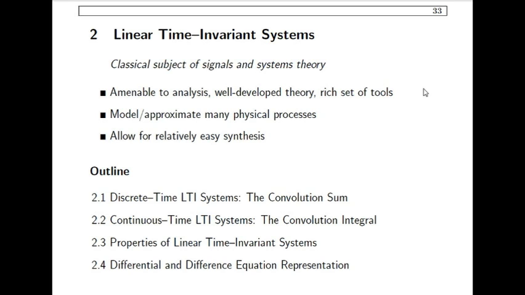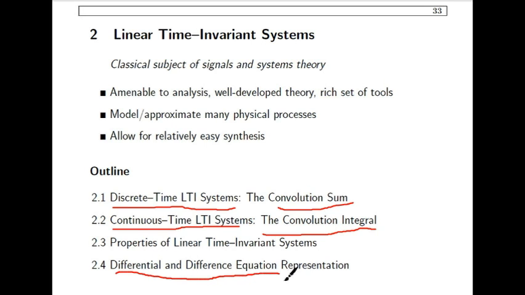So we have completed Unit 1, and in this tutorial I'll start Unit 2, which is Linear Time Invariant Systems. In this unit we'll learn about discrete time LTI systems and continuous time LTI systems, which are represented by the convolution sum and convolution integral respectively, and some properties of LTI systems and differential and difference equation representations, which is also called block diagram representation.